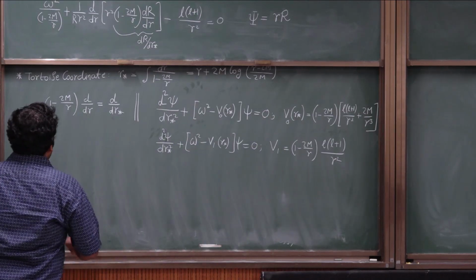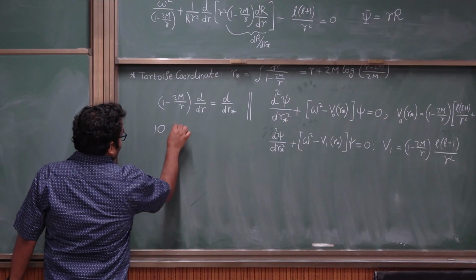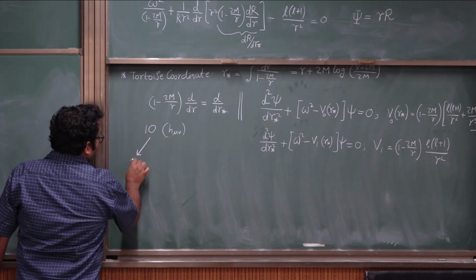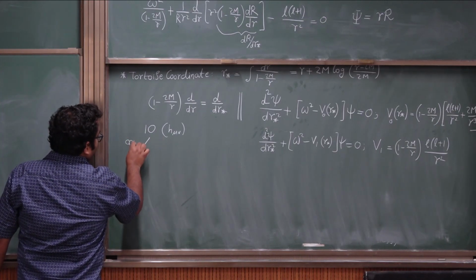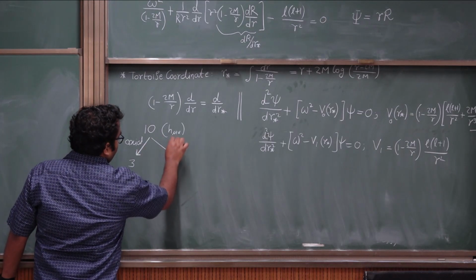So this is the diagram sort of that you should remember. You had 10 degrees of freedom in your H mu nu. Among them, 3 are axial and 7 are polar.